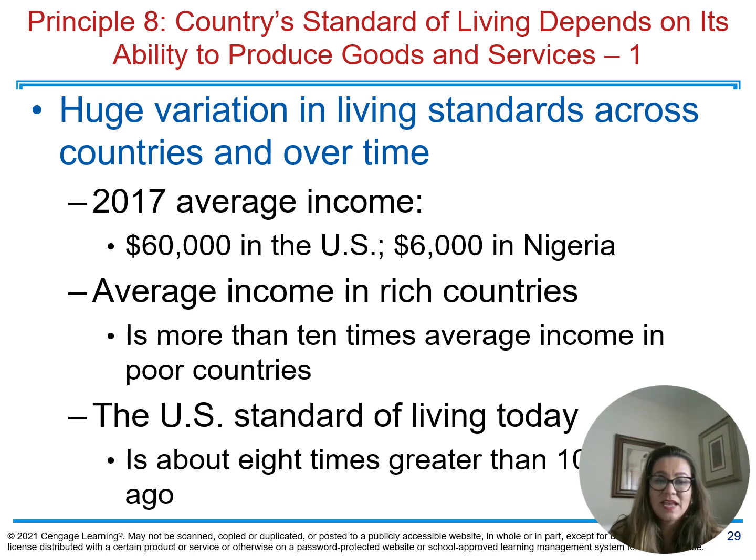So that means that the average income in the United States is 10 times higher than the average income in Nigeria, right? And so that means that we in the United States enjoy a much higher standard of living than they do in Nigeria and in most developing countries and even in most developed countries, right? So what we need to discuss is what causes these differences in the standard of living between countries.